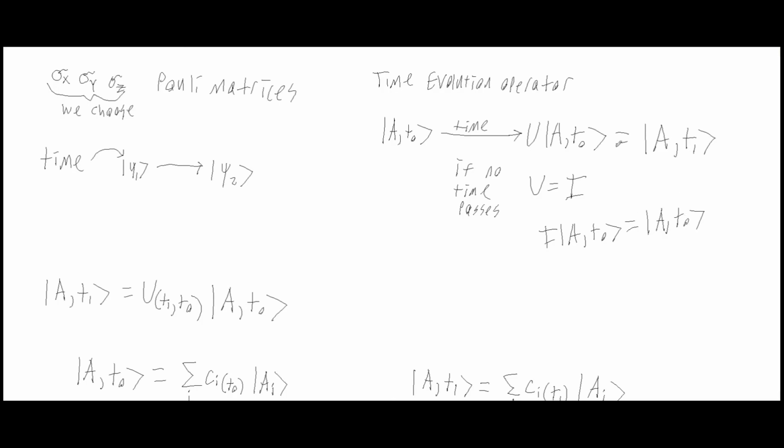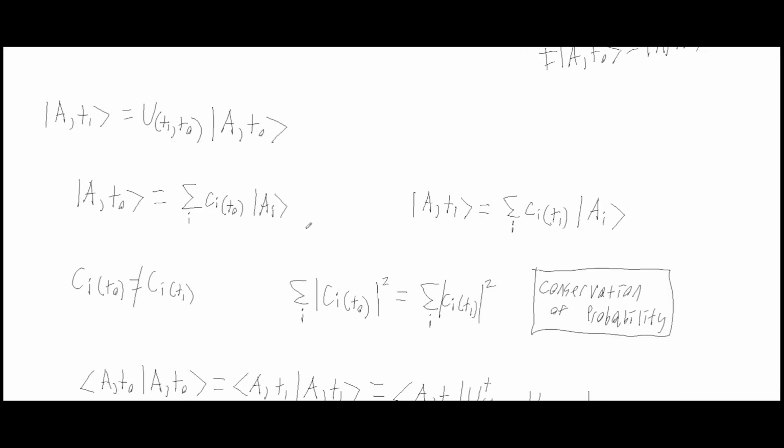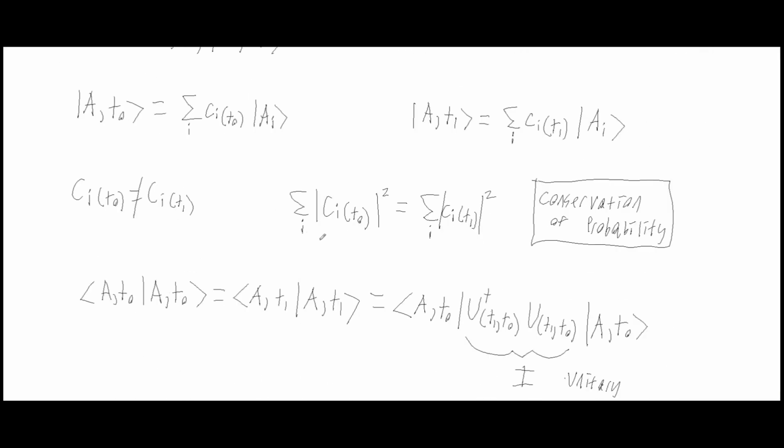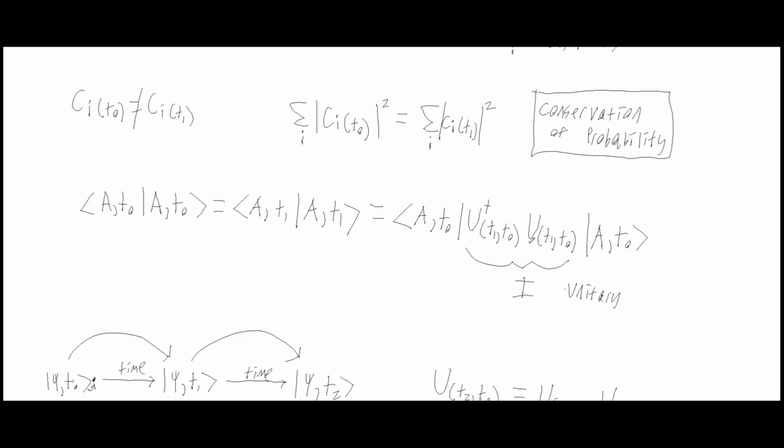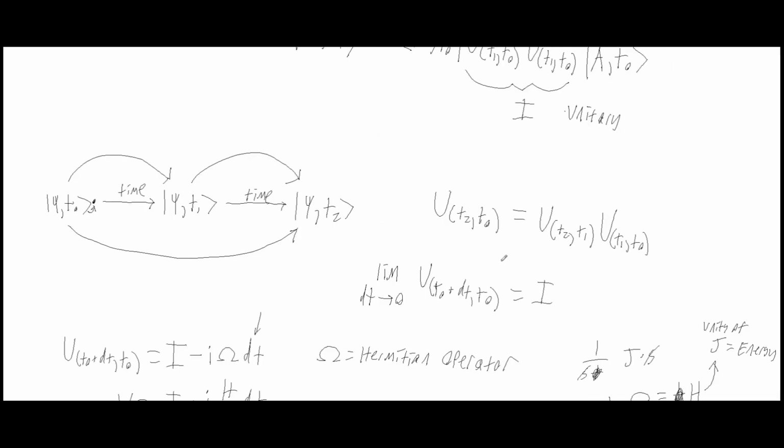Assuming that time evolution operator, we went through these calculations. We saw that we conserved our probability, and so this had to be unitary. Then we did our composition, so that we knew we could break this up into two different times.